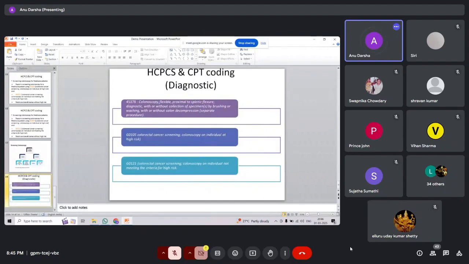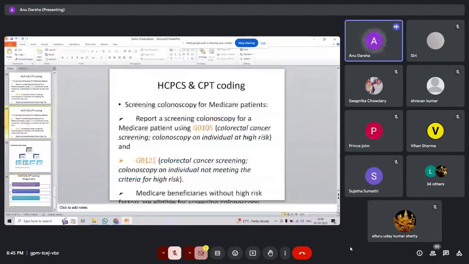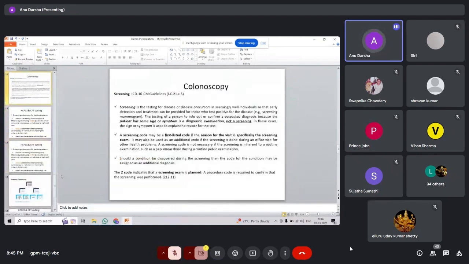Does the patient have a personal history of adenomatous colon polyp, or any personal history of colorectal cancer in the previous days?